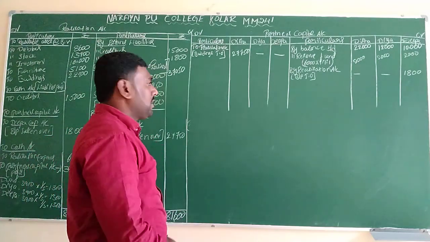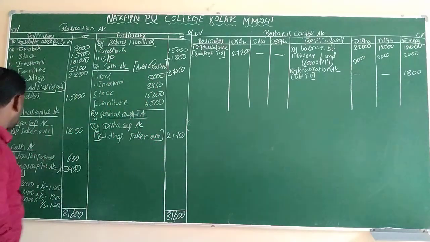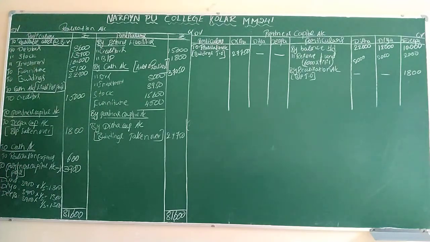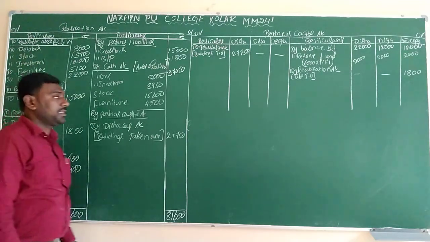Now all 6 steps are there. Let's come to step number 7. We didn't use it because it belongs to the realization expenses, which will come to the bank account. Step number 8. Finally, we have to write by partner's capital account. In that part we have to write the profit. Where we have to get the debit side, we will get the difference. So it will transfer to the debit side of the account.